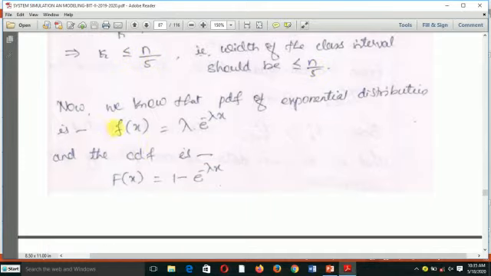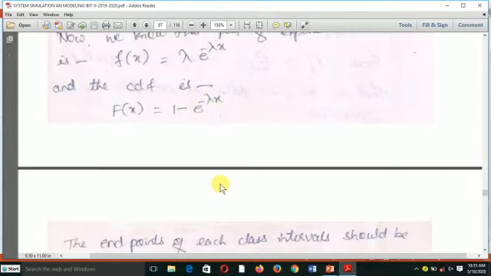As you saw in the previous unit, the PDF of the exponential distribution, f(x), is equal to lambda multiplied by e to the power minus lambda x. The CDF is equal to 1 minus e to the power minus lambda x.